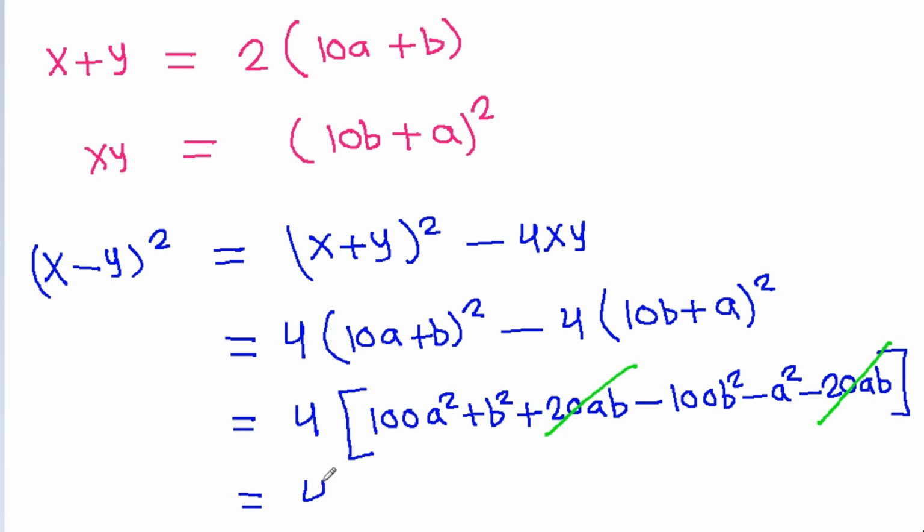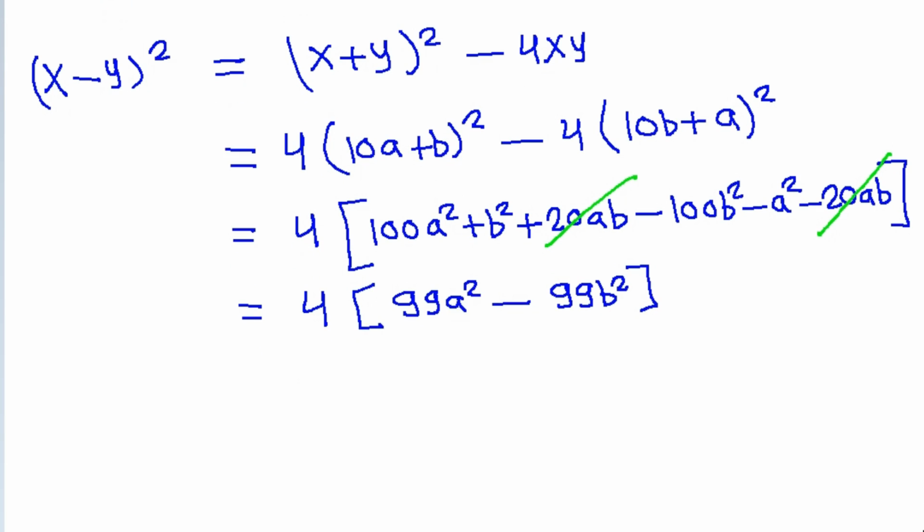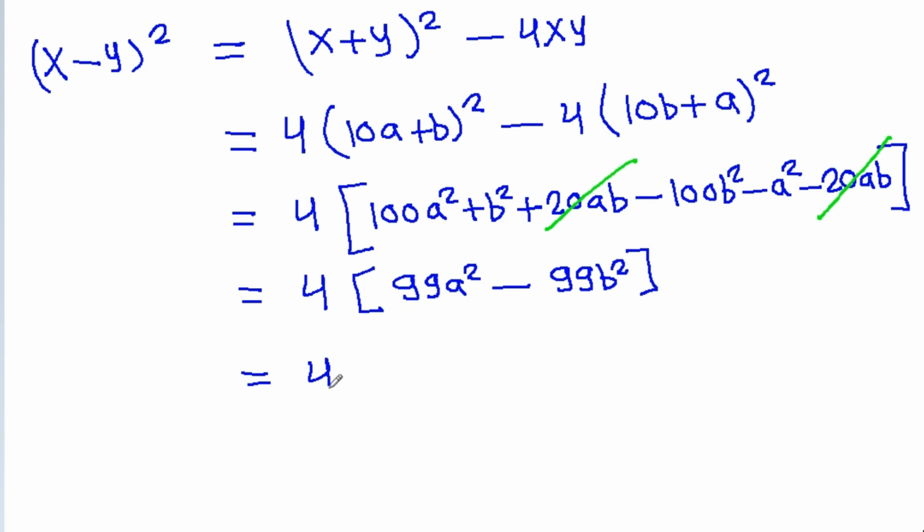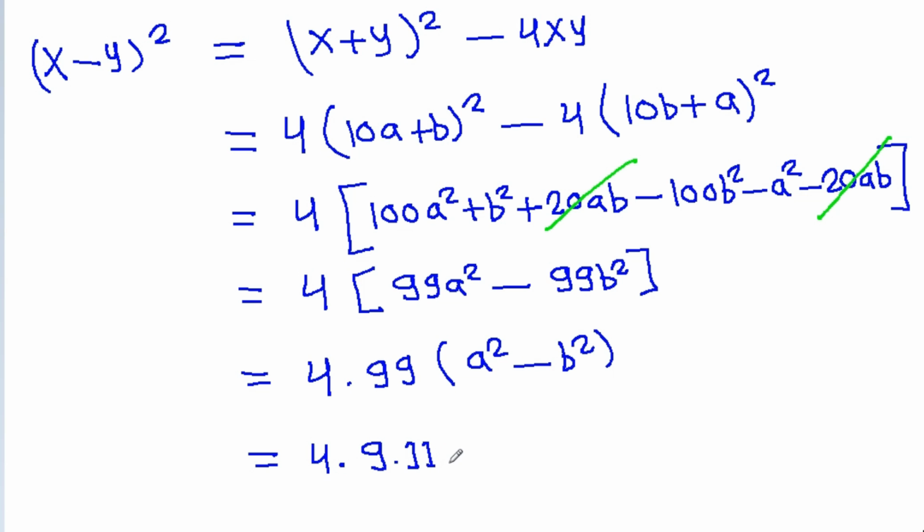And we get 4 times (100A square minus A square, which is 99A square, and B square minus 100B square, which is minus 99B square). And it is 4 times, we can take 99 common, and we get A square minus B square, and 4 into 99 is 9 times 11, and A square minus B square is (A plus B) into (A minus B). It is equal to (x minus y) whole square.